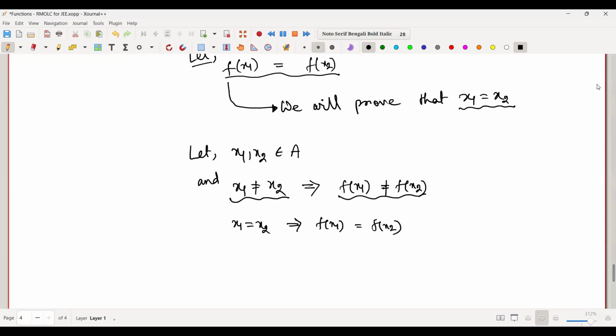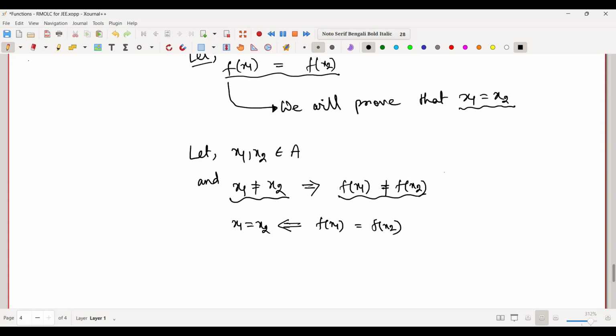Actually in reality we first don't assume anything about x1 and x2, then we let f(x1) be equal to f(x2), and then we prove the opposite part, that x1 equal to x2.